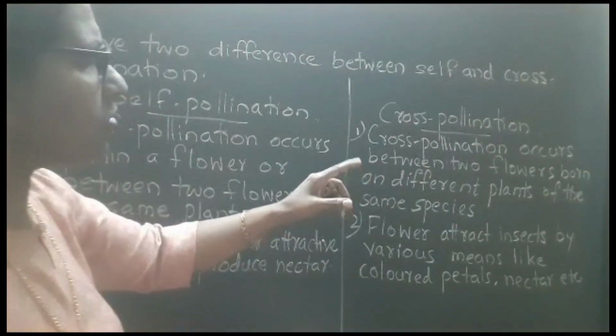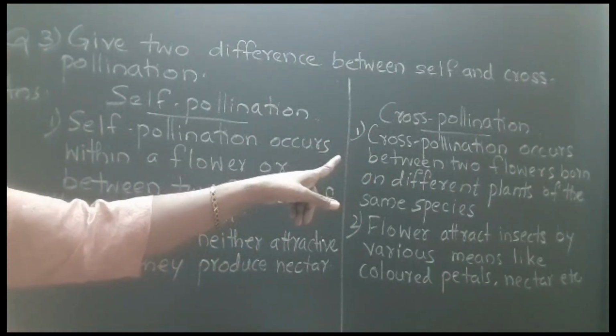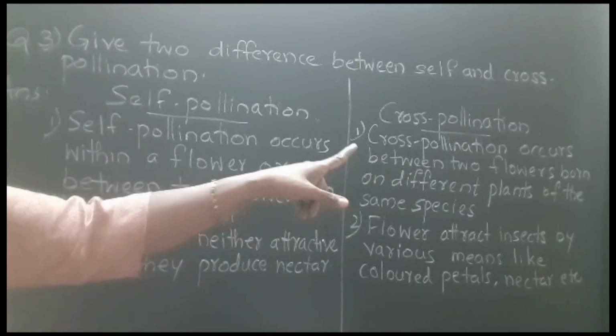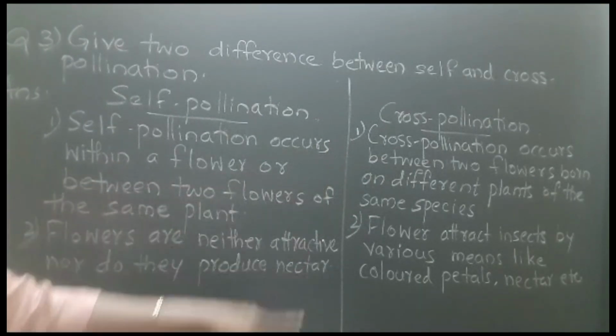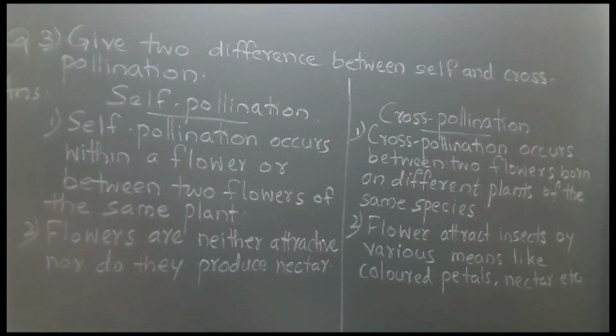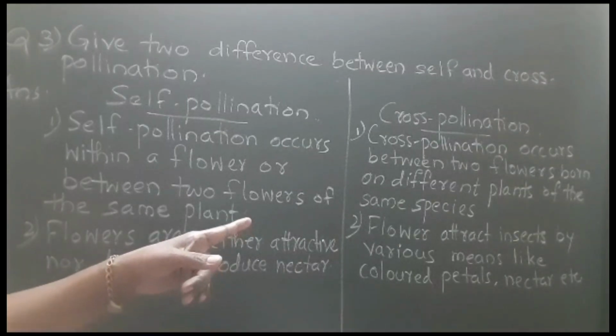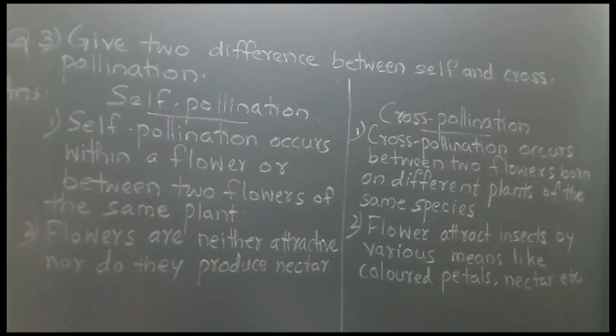In cross-pollination occurs between 2 flowers born on different plants of the same species. Second point, flowers are neither attractive nor do they produce nectar. In cross-pollination, flowers attract insects by various means like colored petals, nectar, etc.